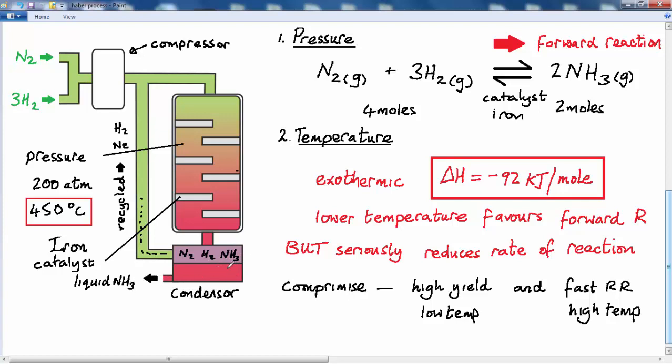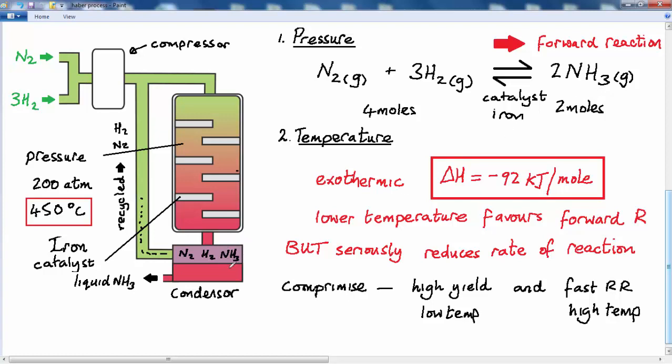Now the advantage of removing ammonia gas is that we're reducing the concentration of the ammonia gas in this reversible reaction, and again Le Chatelier's principle will come into action once more, because if I lower the concentration of this gas here, then the forward reaction will be favoured so as to produce more ammonia gas.